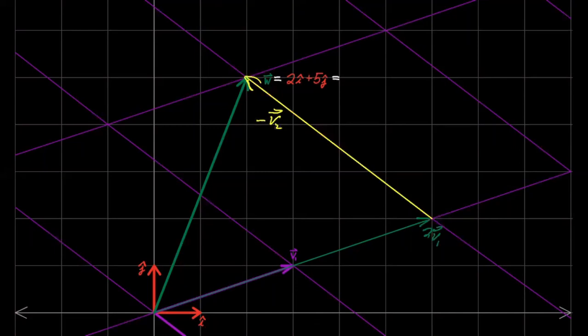This point right here is what you get if you go over 2 and then up 5. And so that's w. So that is 2i plus 5j is one way to write it. But then what we just showed is that we could also write it as 2v1 minus v2. Okay, so we can see it geometrically.